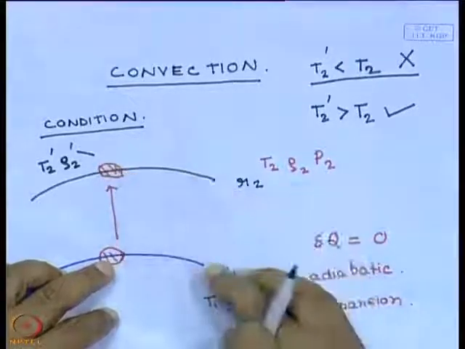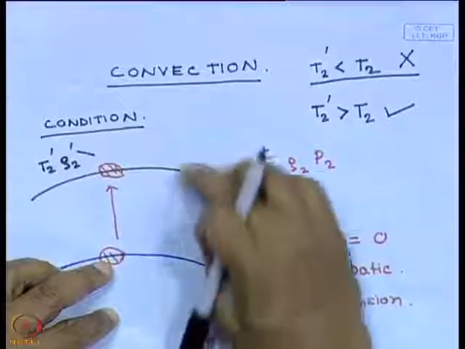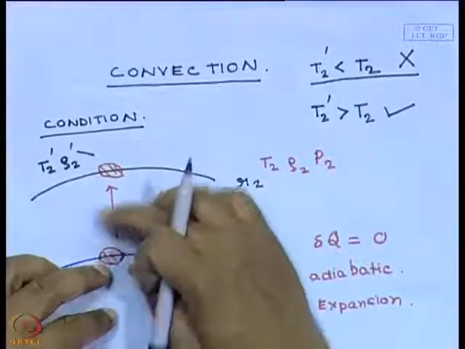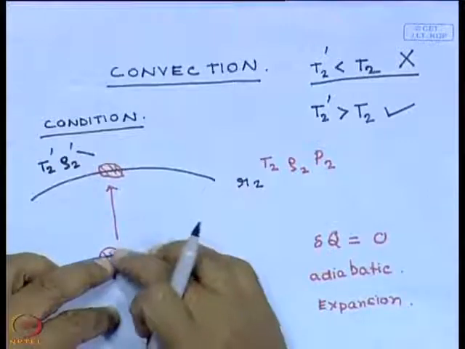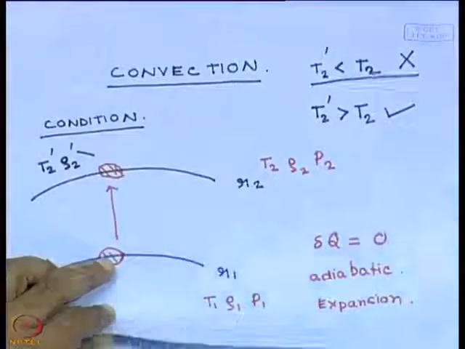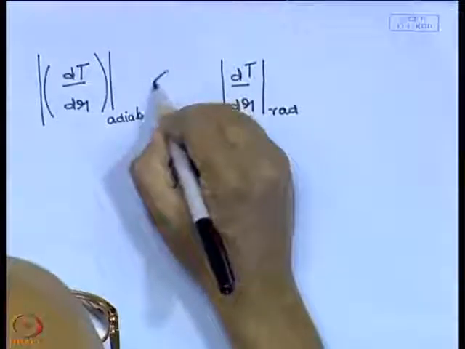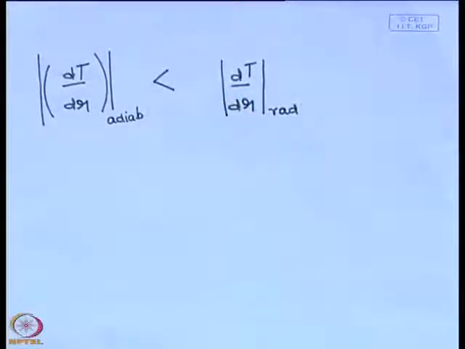And we want the surrounding temperature to fall more than the temperature of the bubble. Okay. So, the condition for convection is that this should be more than this.